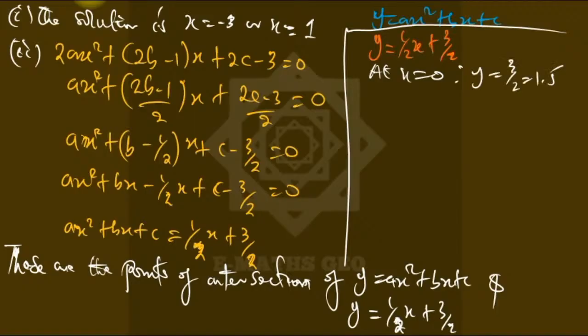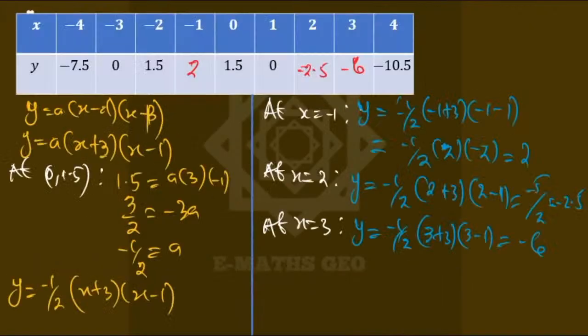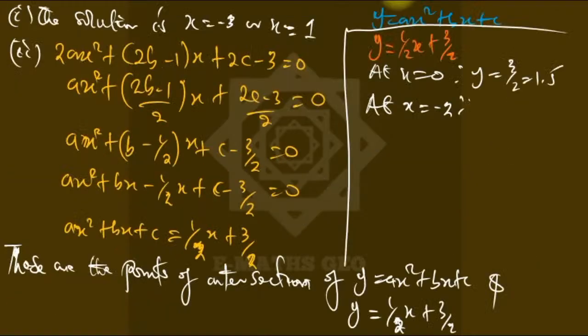And also if I choose x equals maybe minus 2, is it there? It's there, it's on the table. Let's know whether y is there after substituting x. So y is half times minus 2 plus 3 over 2.